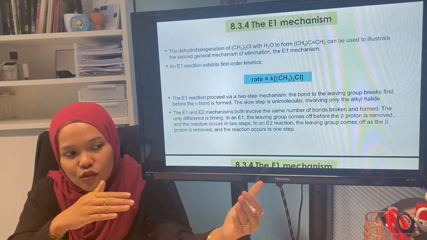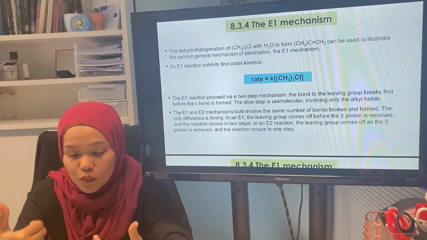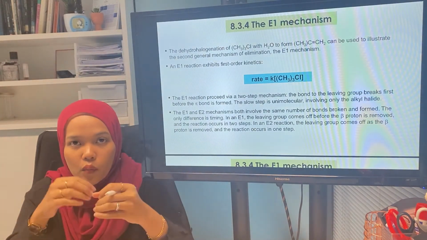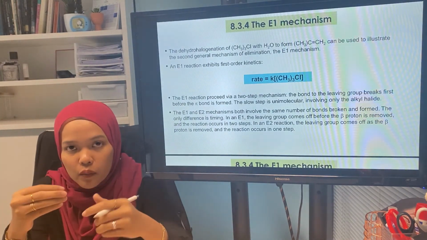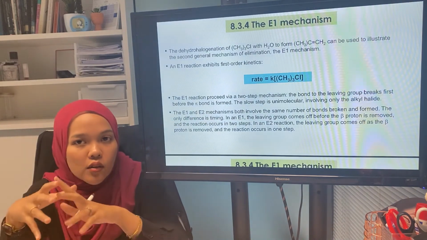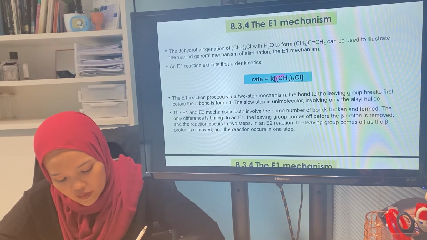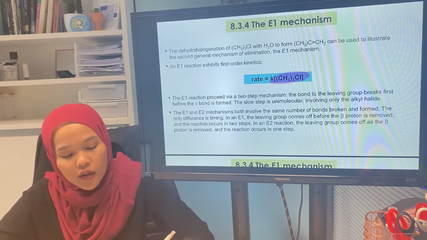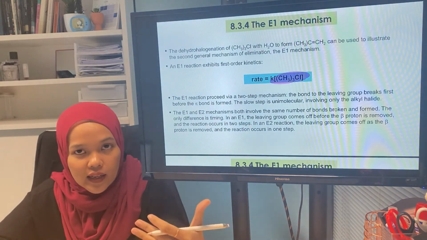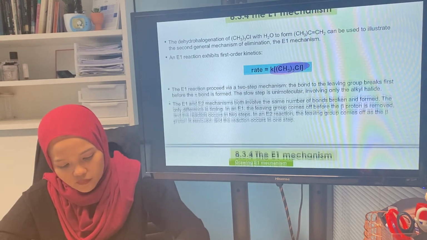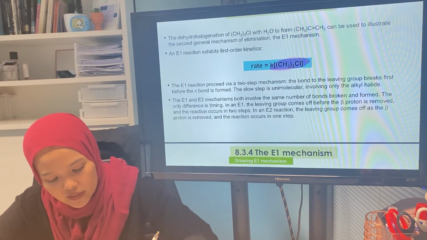Apart from the E2 mechanism, you can also have the E1 mechanism. So why do we call it E1? Because it is first order kinetics. First order, the only one involved in the rate law is the alkyl halide. So it is the E1 reaction.